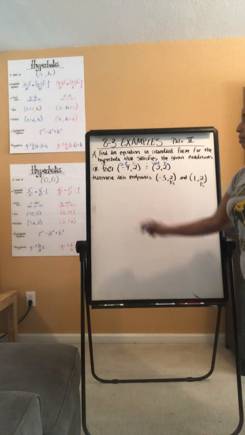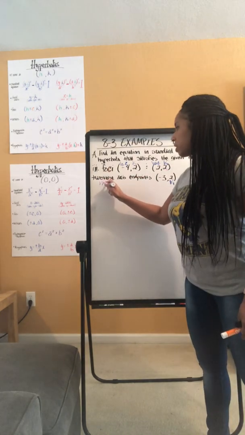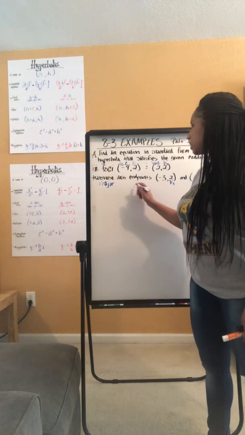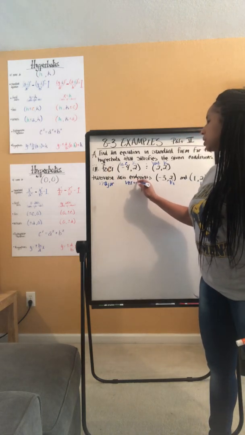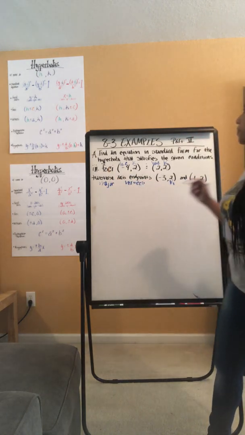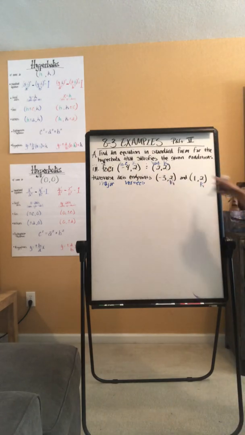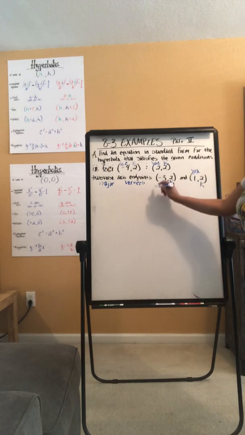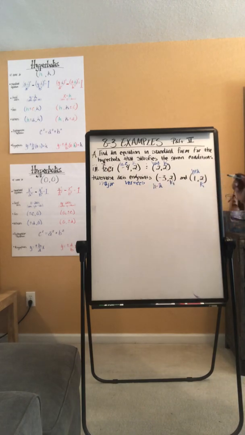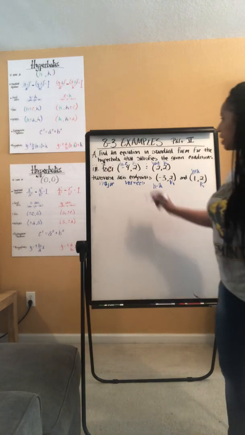In a similar fashion, the transverse axis endpoints are your vertices. Those are your h plus and minus a. Again, the plus is going to be the larger number, so 1 is bigger than -3. So that's my h minus a. I'll just start with the foci. Why not? They gave it to us first.